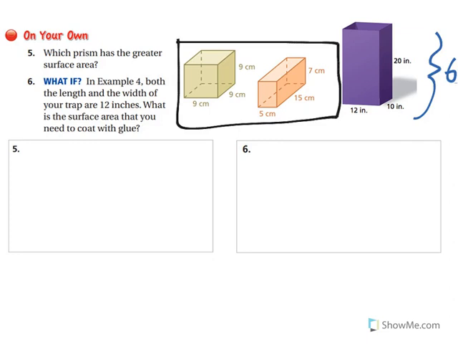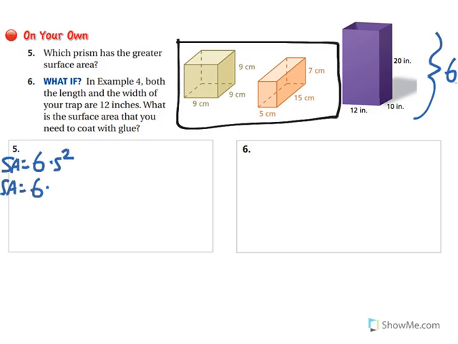Okay, let's see how you guys did with this one. Which prism has the greater surface area? We're going to have to do two of these. For our first one, the cube, I'll do this one in blue. Surface area equals 6 times s squared. All we have to plug in is what that s equals.